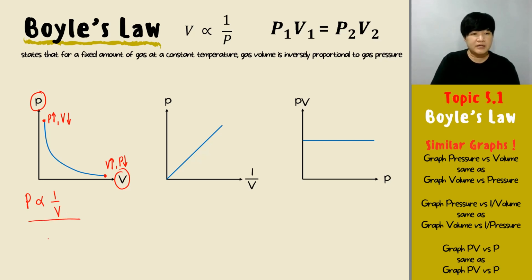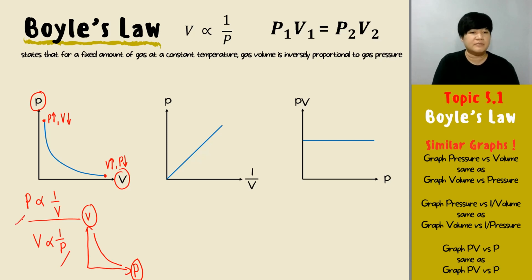But what happens if I write volume inversely proportional to pressure? It's the same. You are going to have the same graph, but the axis will be inverted, and the shape of the curve will be the same. Your volume versus pressure is exactly the same. Alright?